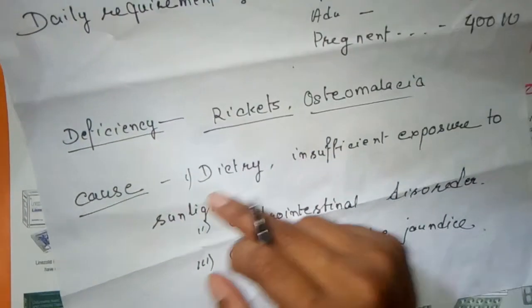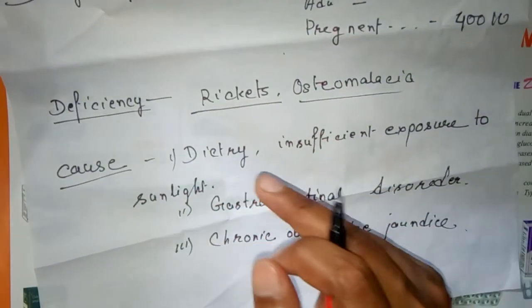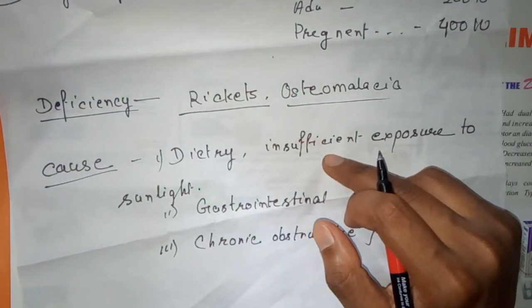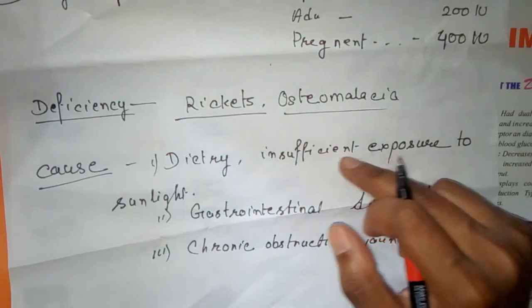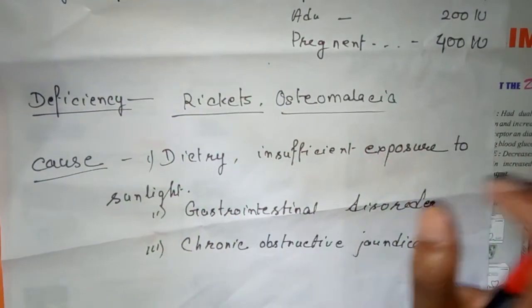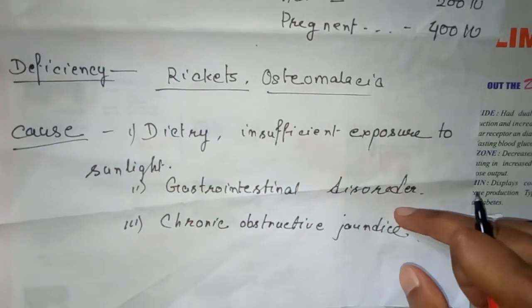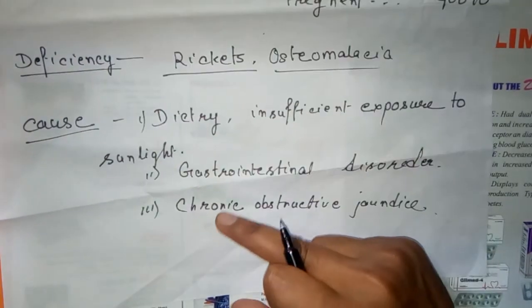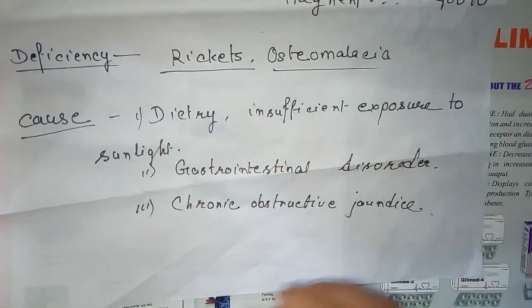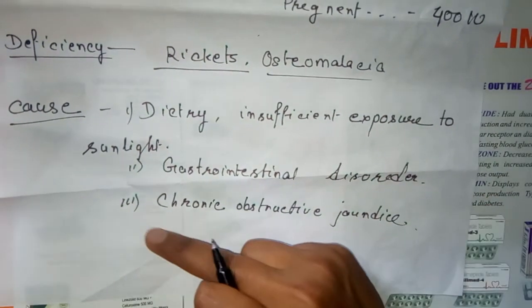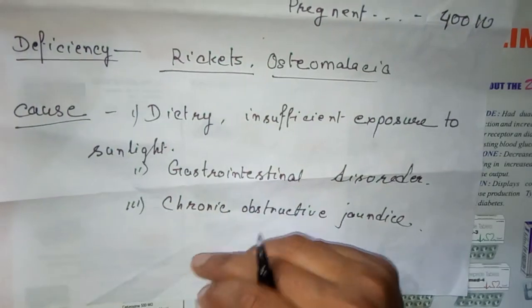The causes of deficiency are dietary insufficiency or insufficient exposure to sunlight. Number two, a gastrointestinal disorder may lead to rickets or osteomalacia. Number three, chronic obstructive jaundice is also a cause of vitamin D deficiency.